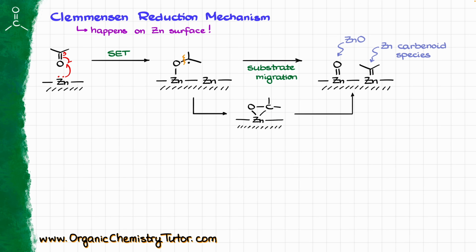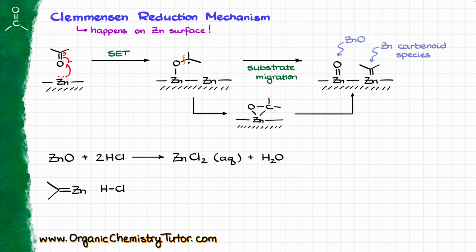Now again, for simplicity's sake, I'm going to separate those two and I'm going to show one reaction where I'm using my zinc oxide, this species over here, and I'm going to react it with my hydrochloric acid to form the aqueous zinc chloride and of course water as a co-product in this reaction.